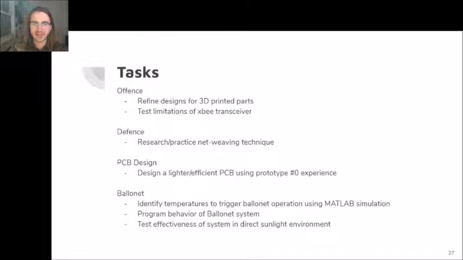We're going to be using our MATLAB simulations to figure out exactly how much work it needs to do, program the behavior of the balinet system, and last up is to see how well it works in direct sunlight in the presence of convection currents. Maybe we can recreate that indoors or in someone's house as best we can. But in the future, we'll be able to test it in a worst case scenario like the engineering building atrium.